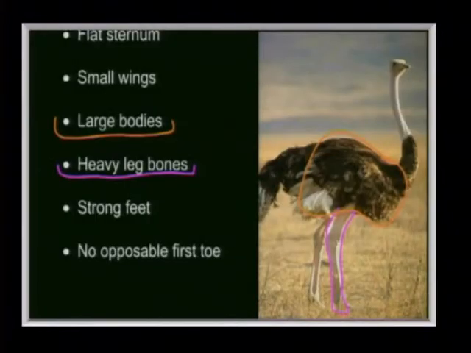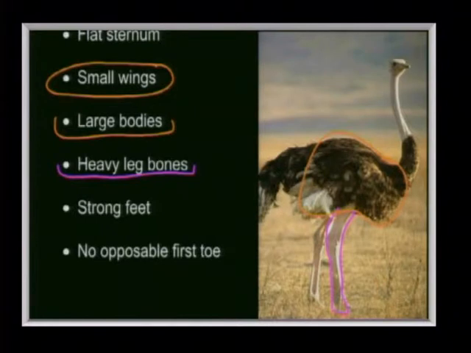So this bird doesn't fly, as all ratites don't fly, so they would have larger bodies, especially compared to their wingspan. And talking about the wings, quite obviously, if it doesn't fly, there's no reason for it to have an excessive wingspan. So your ostrich, as an example, has relatively small wings.